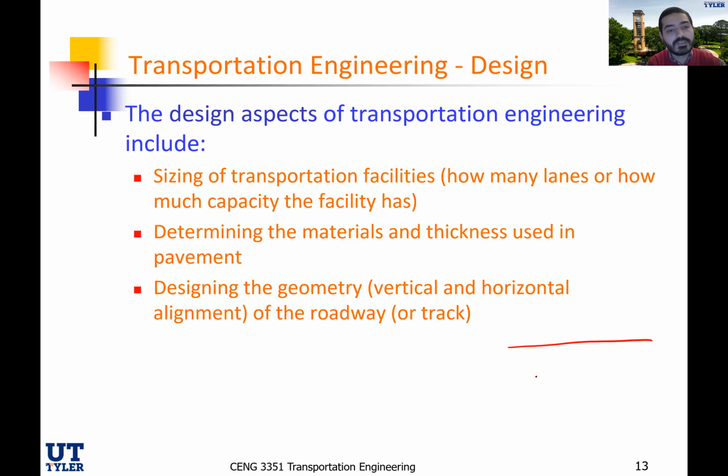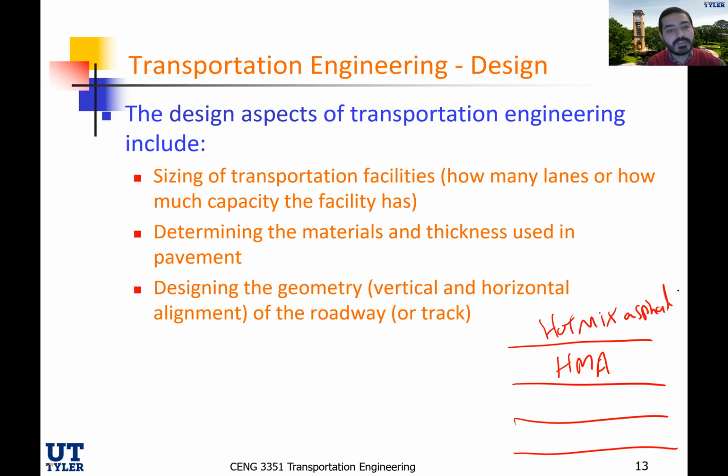So pavement, if you're wondering, is one roadway that's designed of multiple layers. The top layer, we call it HMA, which is hot mix asphalt. And then underneath that, we have a base layer, which is crushed aggregate.